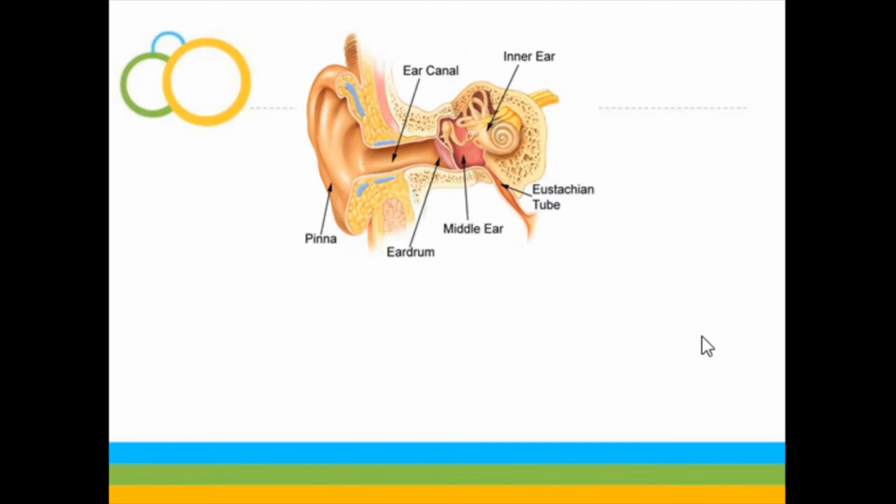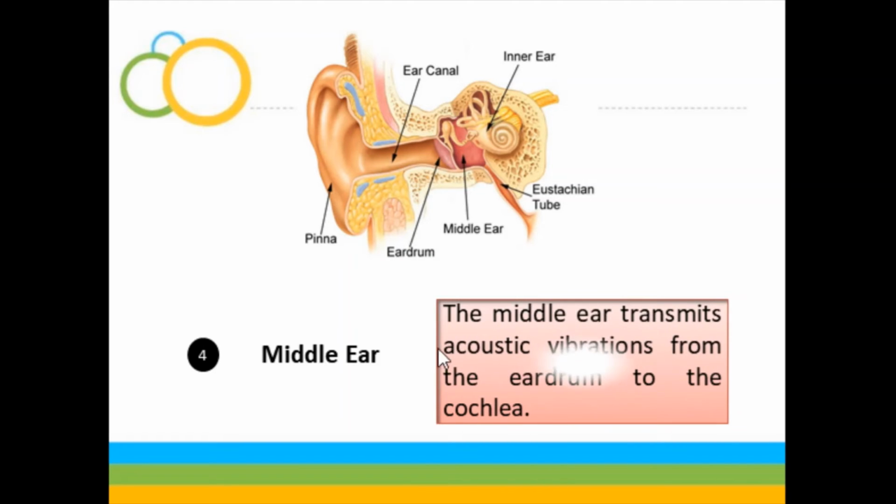Very good. Now let's move on to the fourth part, which is our middle ear. The middle ear is the one that transmits acoustic vibrations from the eardrum to the cochlea.